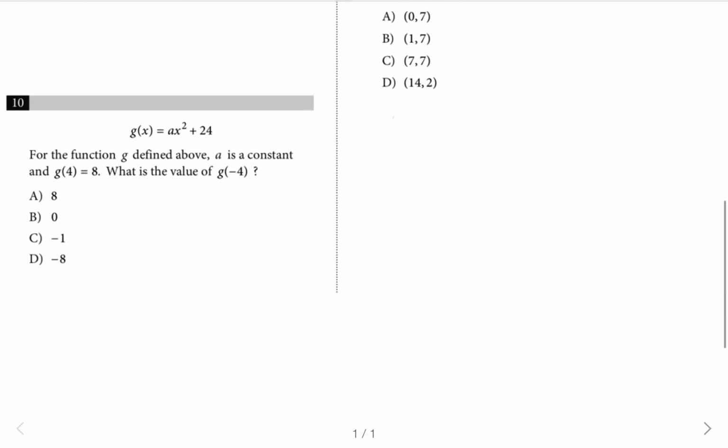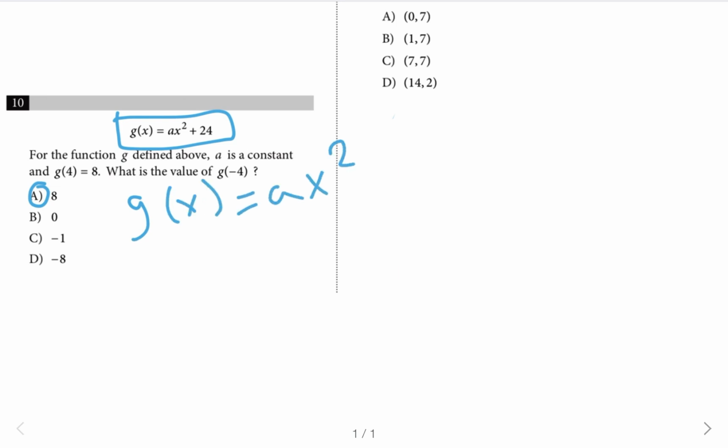Moving on to question 10. Question 10 says, for the function g defined above, a is a constant and g of 4 is equal to 8. What is the value of g of negative 4? Well, right off the bat, I know that the answer is 8. Because in this equation right here, they're giving us g of x is equal to ax squared plus 24.